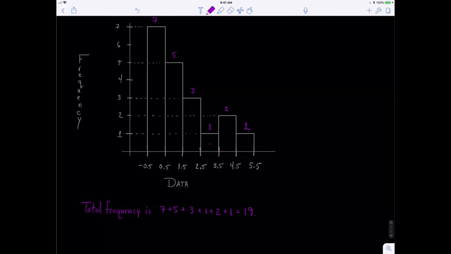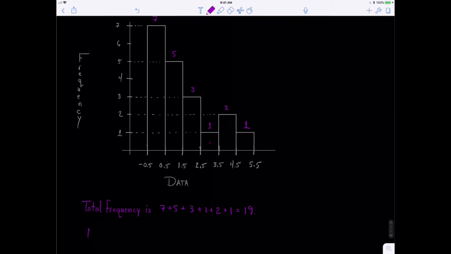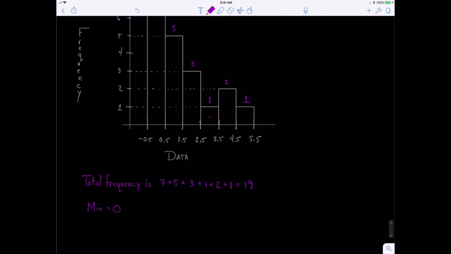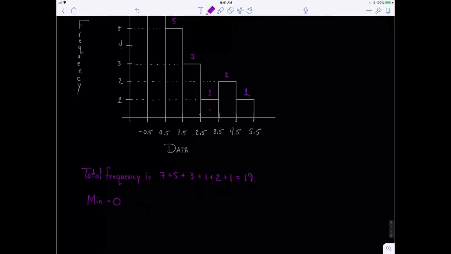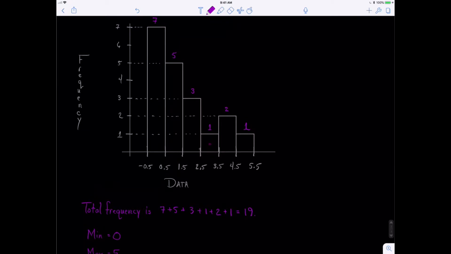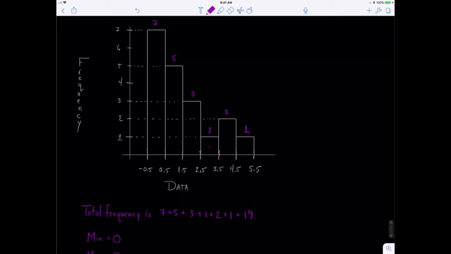So we know right off the bat we can write our minimum: our minimum is going to be 0, and using the same logic, our maximum has to occur in the last bin. That's going to be a bin of 5s, so we can write that the max is 5. The more challenging part is how do we find our Q1, Q2, and Q3?